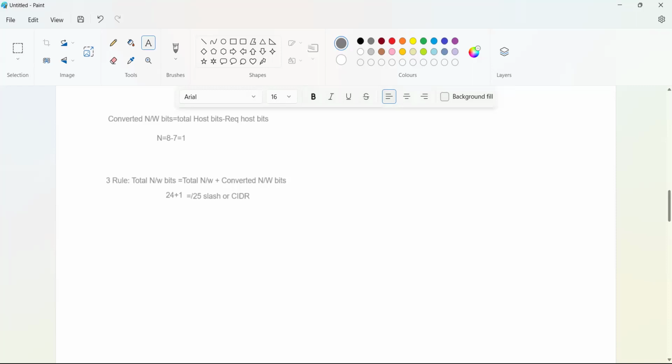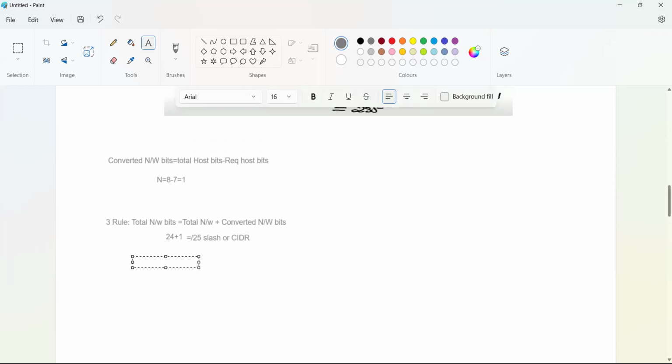Understood? Here, all are your network bits, one is a host bit. These are 8 plus 8 plus 8 plus 8, actually 32 bits we got.